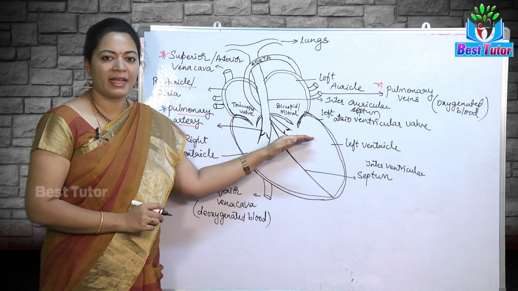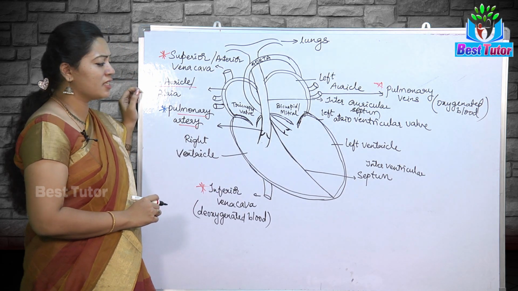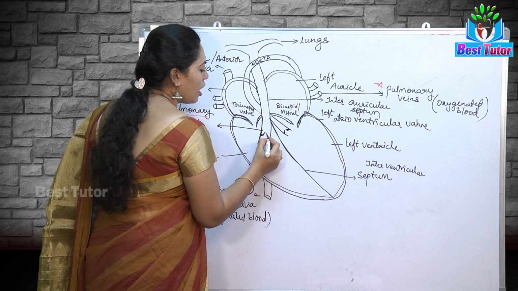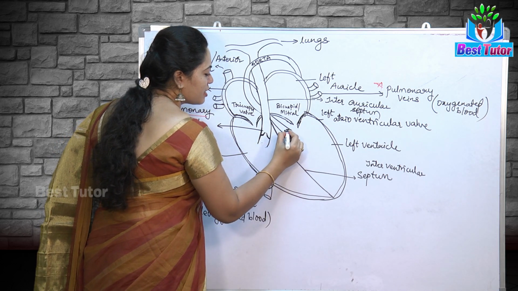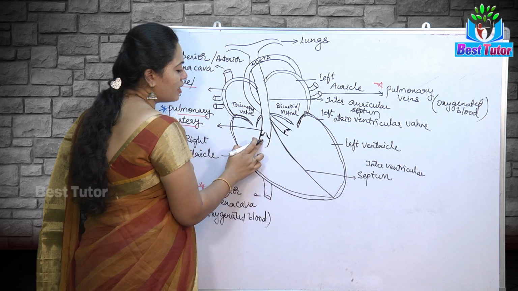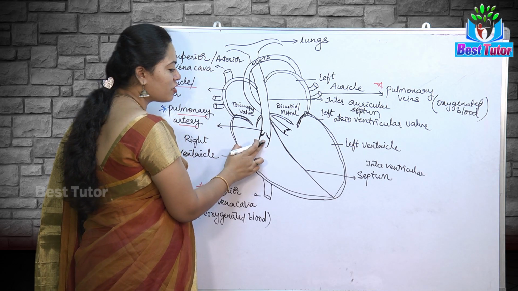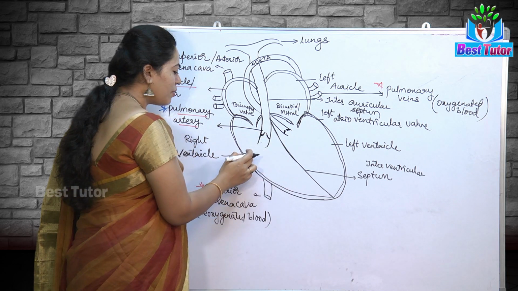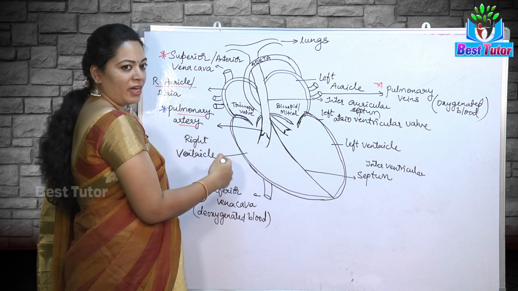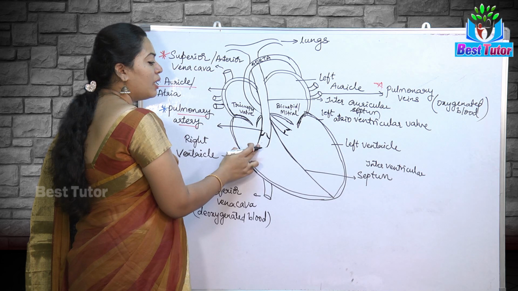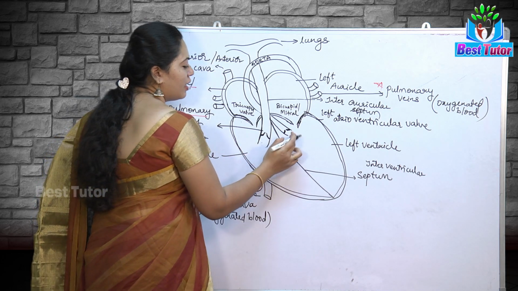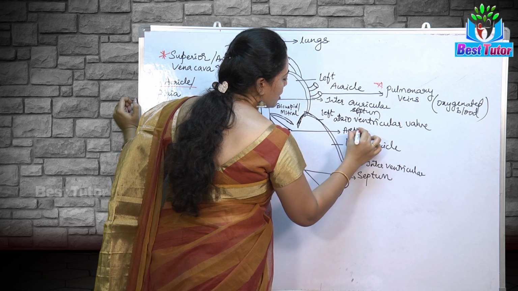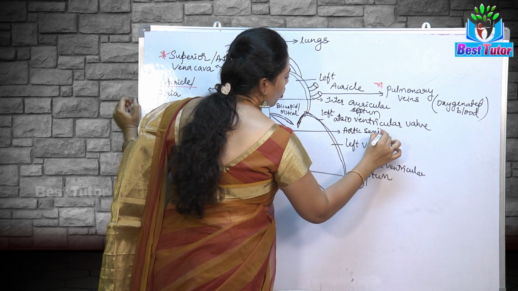In addition to this, we also have another two valves known as semilunar valves, and I represent them here. You can see one semilunar valve in the pulmonary artery and one semilunar valve in the aorta. So, these semilunar valves, based on the blood vessel, are named the pulmonary semilunar valve and the aortic semilunar valve.